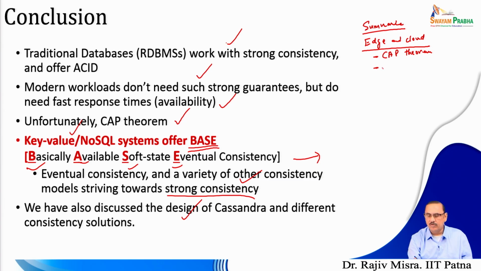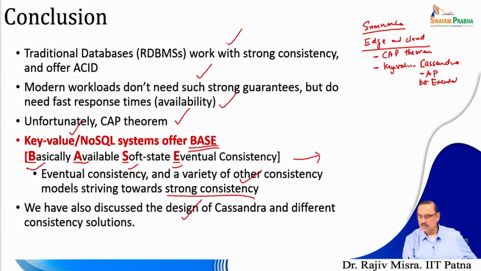With the help of the CAP theorem, what we have seen is the key value store design such as Cassandra, which ensures availability and partition tolerance, but the consistency is called eventual consistency. Once you say eventual consistency, here the reads and writes are quite fast.